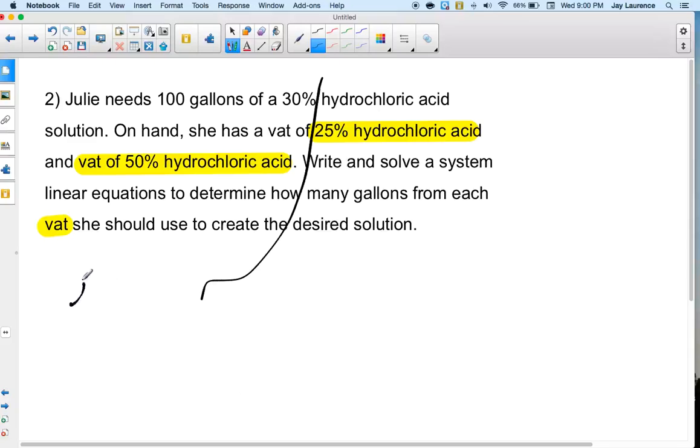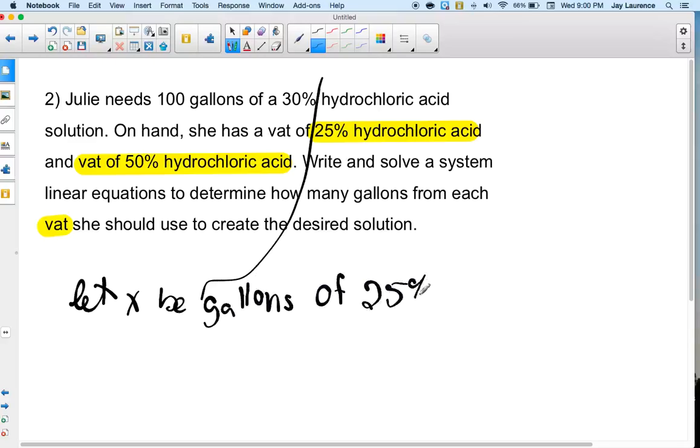All right, so I'm going to say let X be the gallons of the 25% solution, or acid in this case.